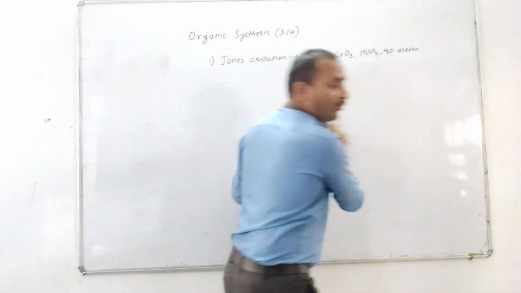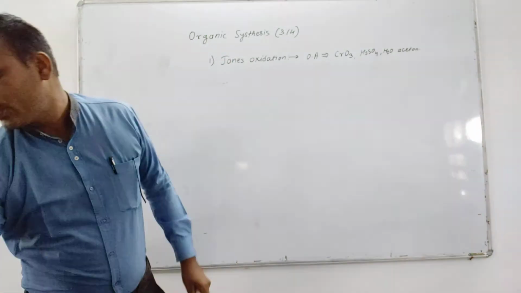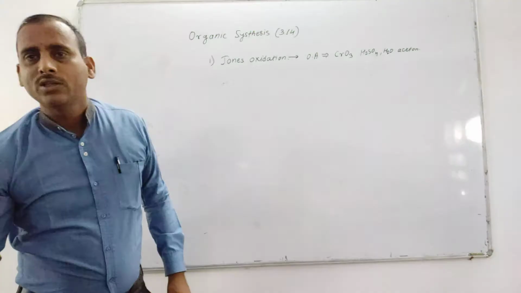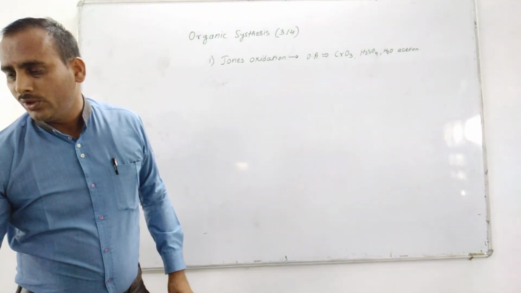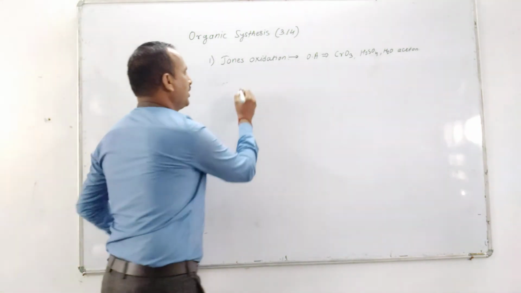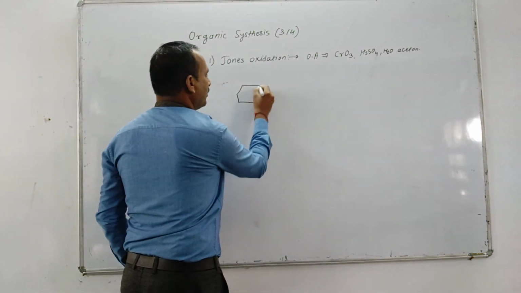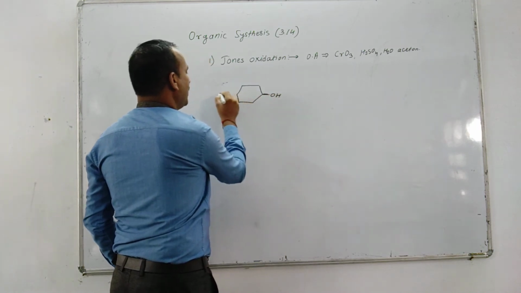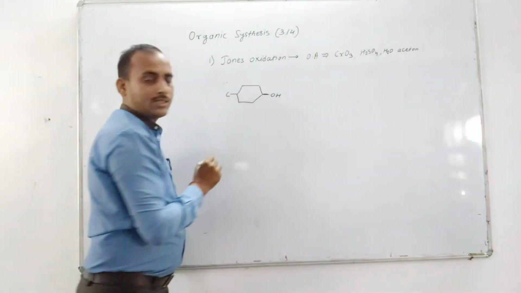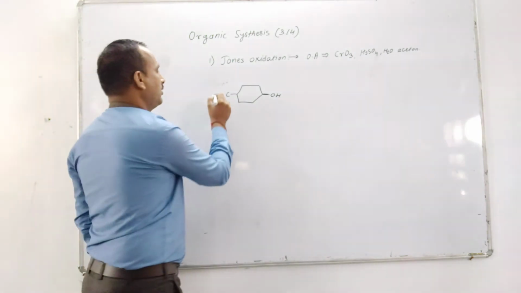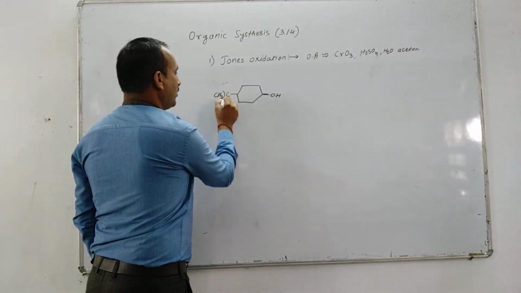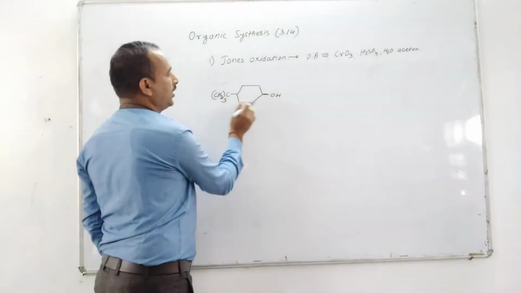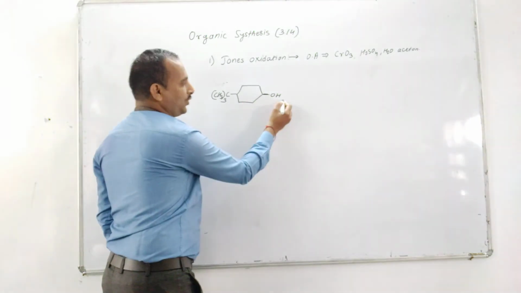Now let's take some more examples for the oxidation of alcohol. OH, C, CH3 thrice. Now here is a secondary alcohol.